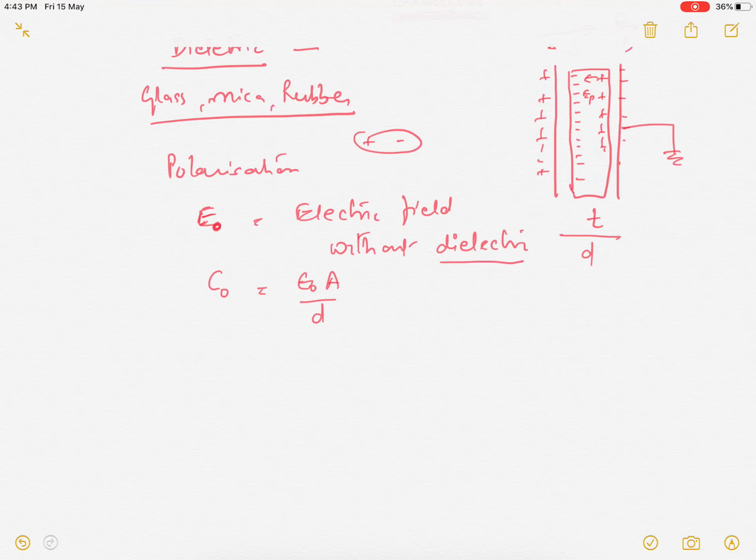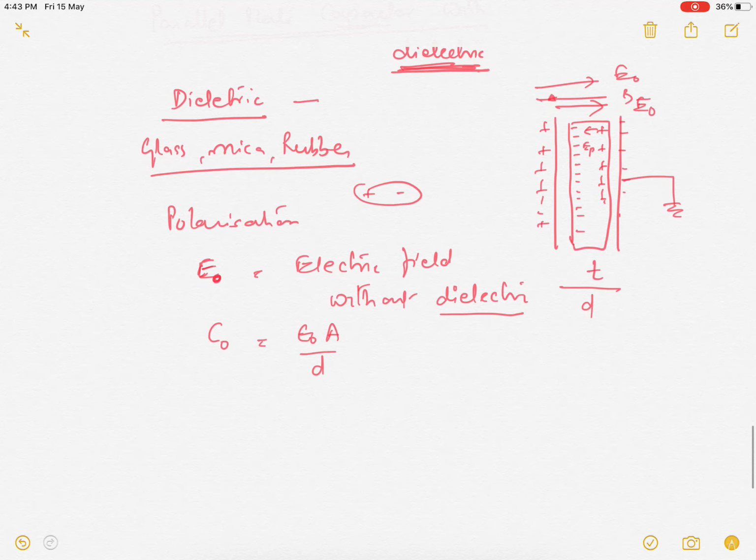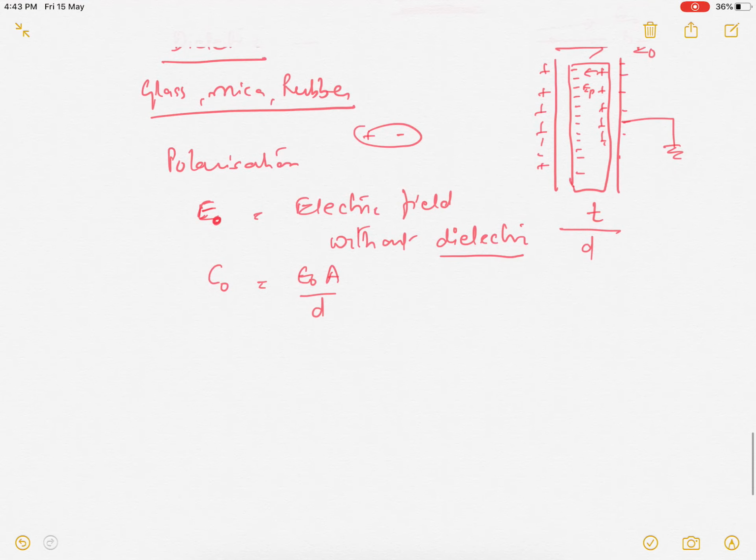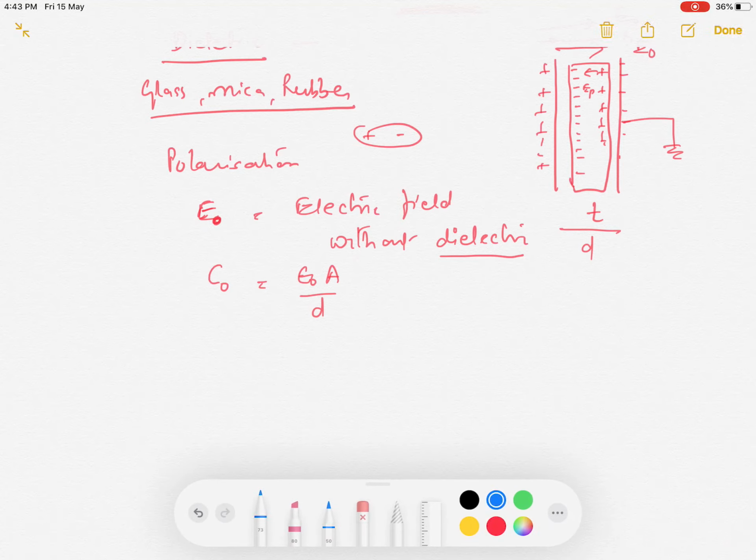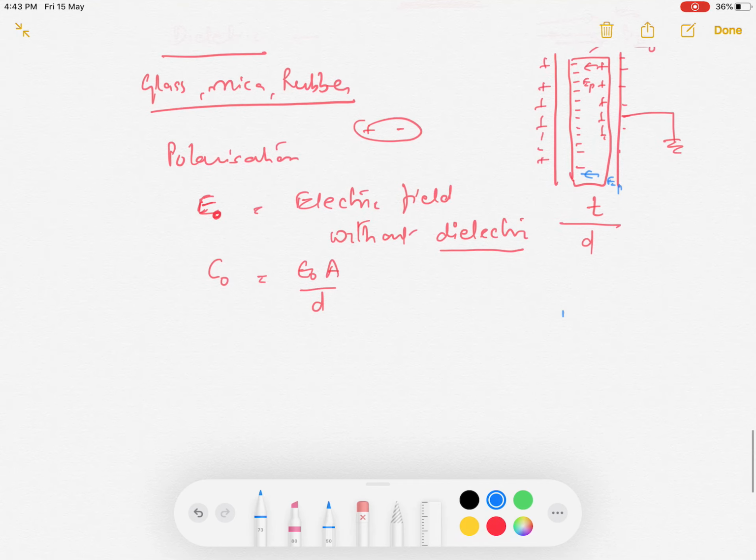Now when this dielectric slab is placed in it, polarization occurs, and suppose E0 is the electric field. This is the direction of E0. It is opposite to the direction of the polarization field EP. So the electric field will get reduced. The reduced electric field will be E0 minus EP.